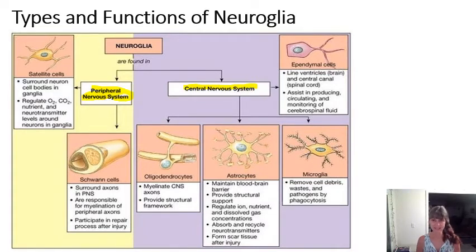We've got satellite cells, which are going to wrap around the cell bodies in special collections of cell bodies in the peripheral nervous system known as ganglia, and they're responsible for regulating the concentration of oxygen, carbon dioxide, as well as neurotransmitters around the neuron cell bodies within the ganglia.